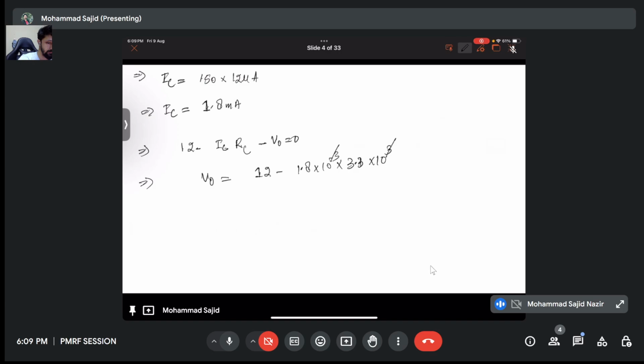Milli and kilo will cancel, so 1.8 multiplied by 3.3 is 5.94, and V naught is 6.06 volt, which is exactly equal to what you have mentioned. So this is your V naught.